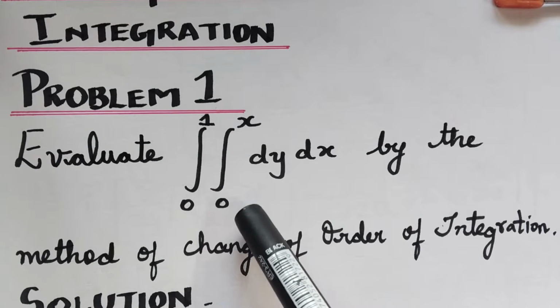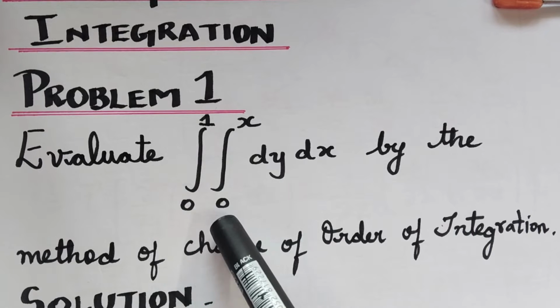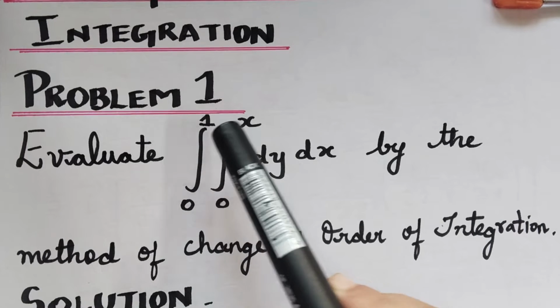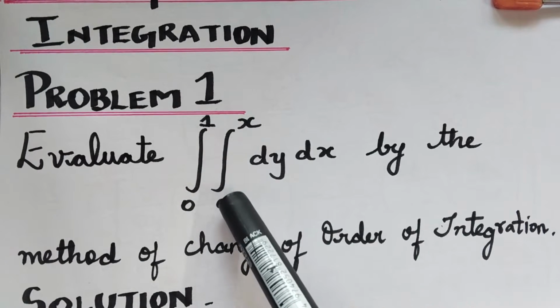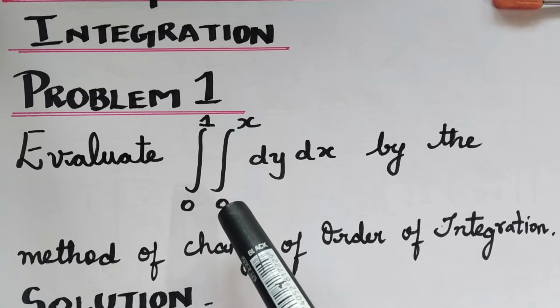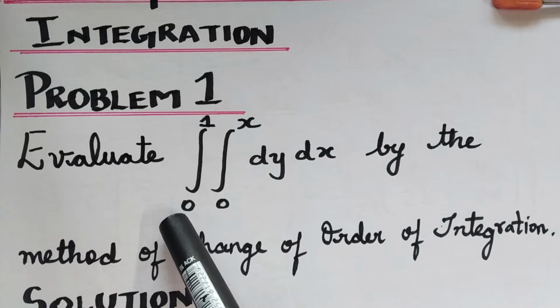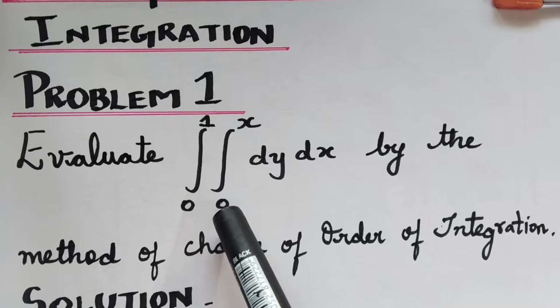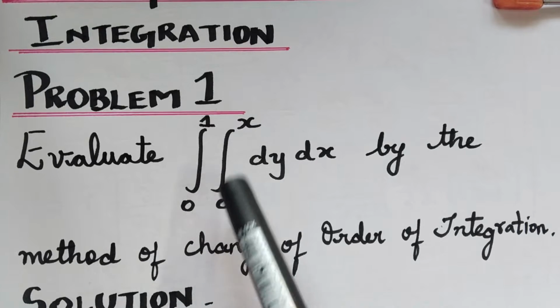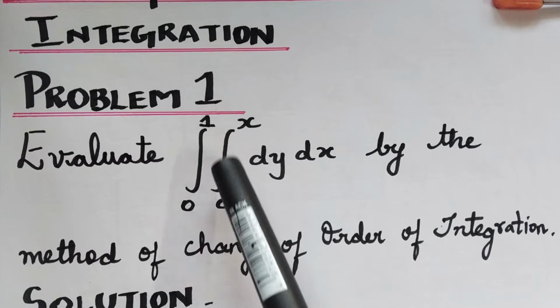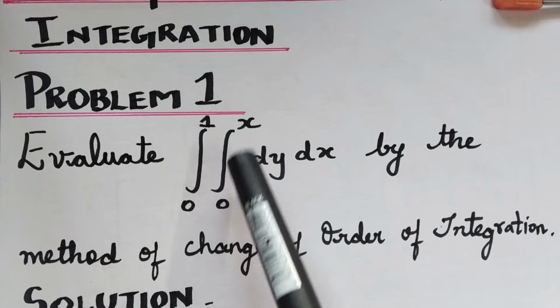If we observe here, we have the integrals with limits where the inner integral, that is the first integral, is with respect to y and the second integral is with respect to x. This is with respect to y because the limits have x involved in them, so it is dependent on x.